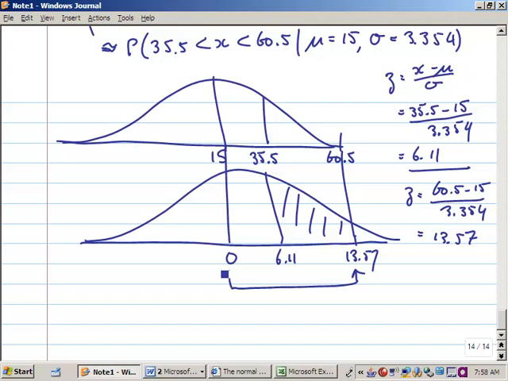Okay, so doing it properly, get the large area first from 0 to 13.57, that's approximately a half. Then we subtract out this, which from 0 to 6.11, and this is also approximately a half. Alright, so just writing it down so that you can see the elements.